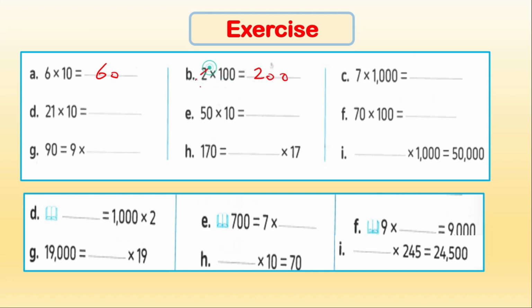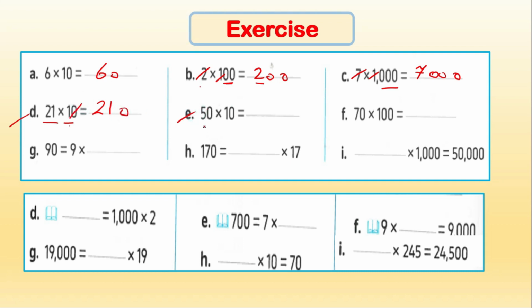2 times 100 equals 200. So you multiply 2 times 1 equals 2 and drop 2 zeros. Okay. 7 times 1000. Multiply 7 times 1 equals 7 and drop 3 zeros. D: 21 times 10. Multiply 21 times 1 equals 21 and drop 0.